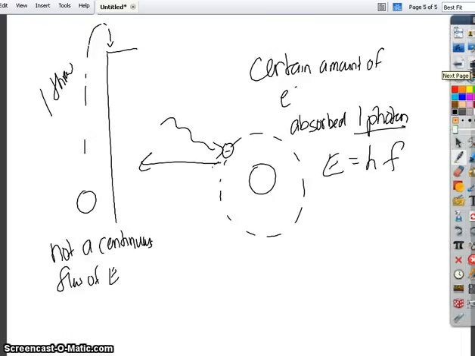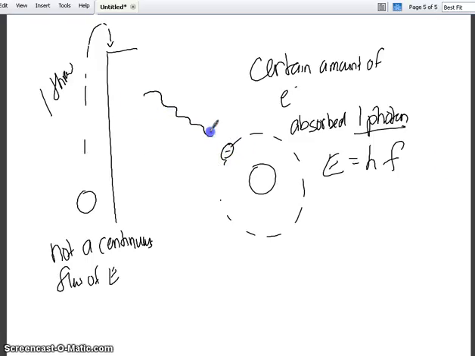Because the classical thinking before this was, if I have, back in this picture right here, if waves are a continuous stream of energy, even if the wave hit it, it should still gain more and more and more energy because a wave is a continuous flow of energy.